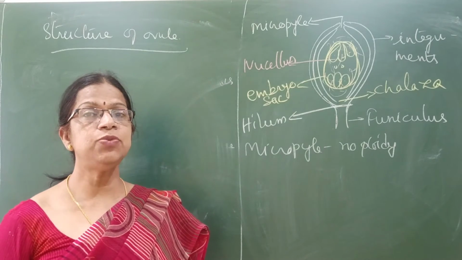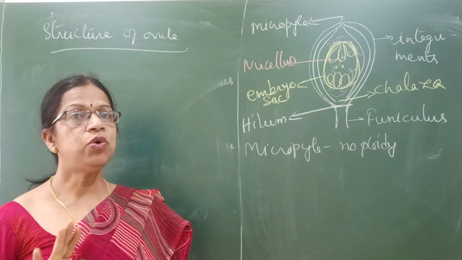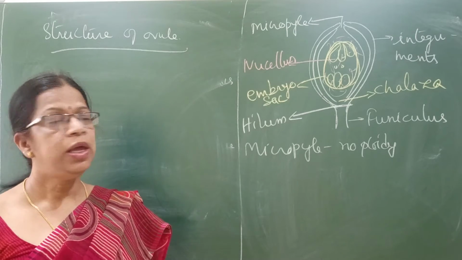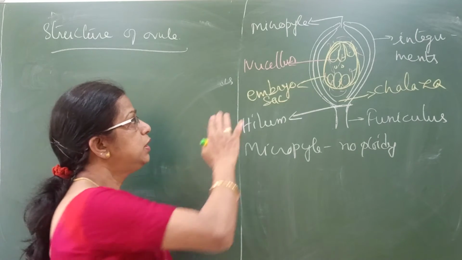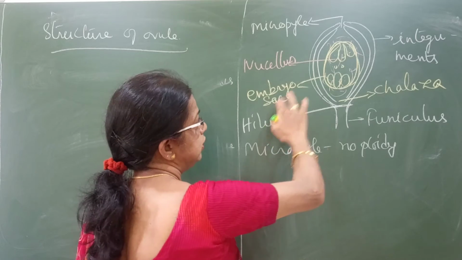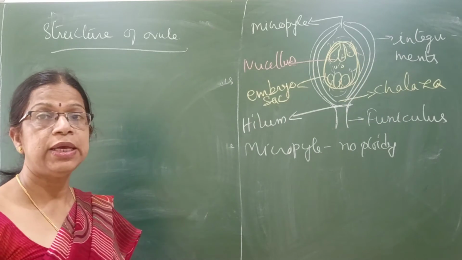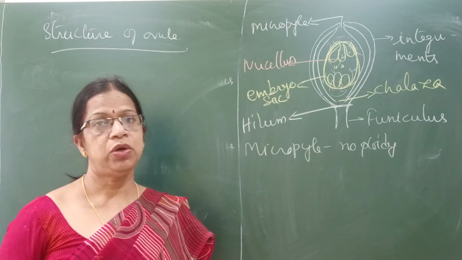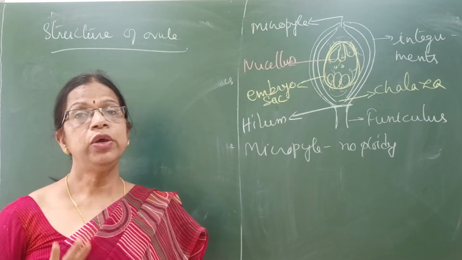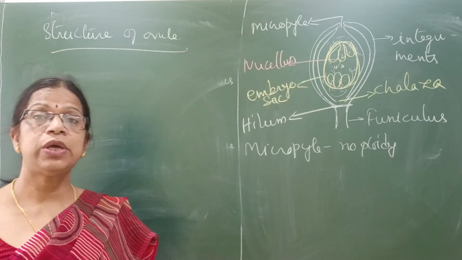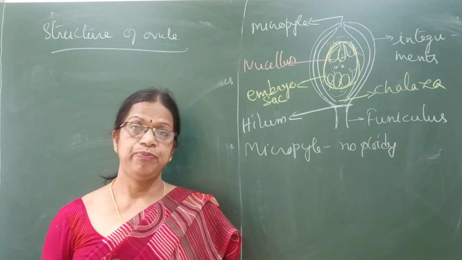Unless there is a nucleus, we cannot say any ploidy. So micropyle has no ploidy. Remaining all, that is nucellus, integuments, chalaza, funiculus, are diploid, and the embryo sac is haploid, the female gametophyte. Okay, this is about the structure of ovule.